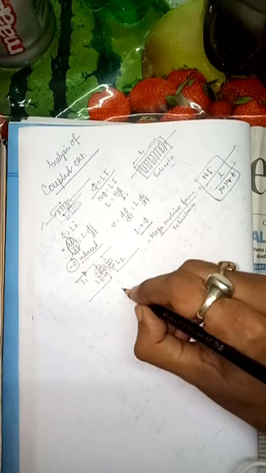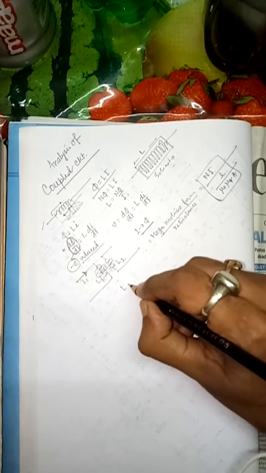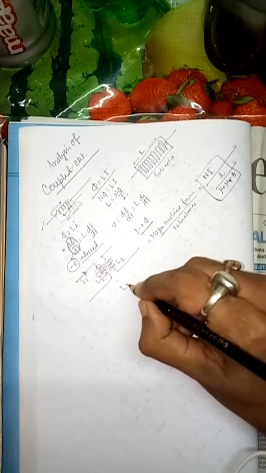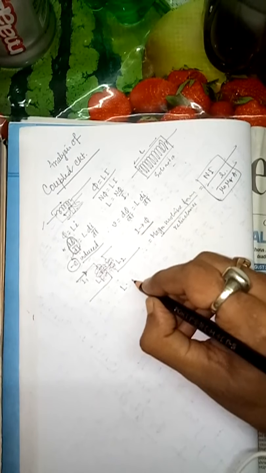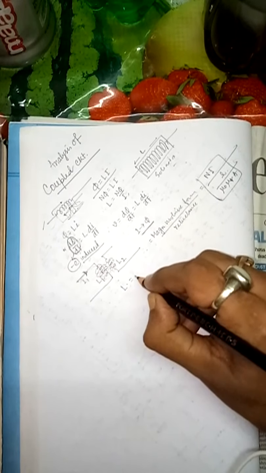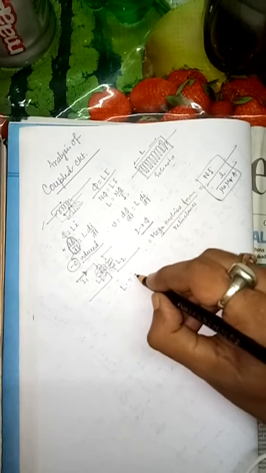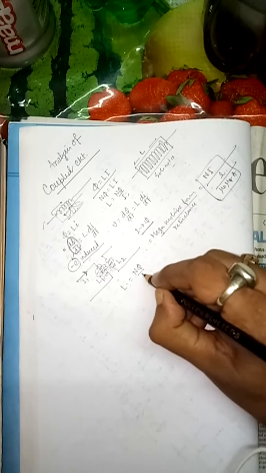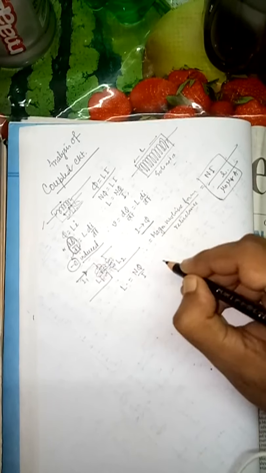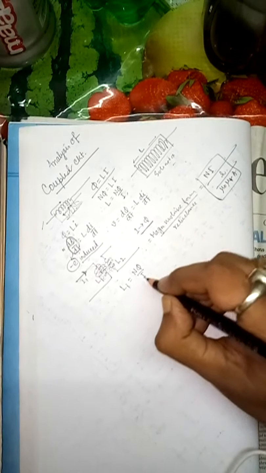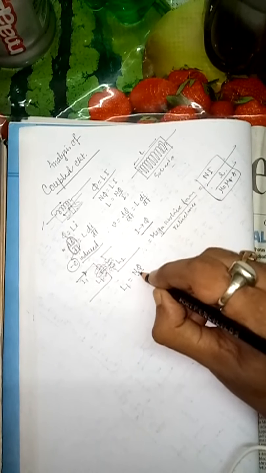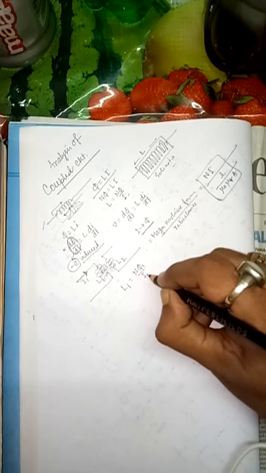Actually we can write that L equals N phi by I. If it is L1, so it is N1, or you can take N common, as phi 1 by I1.